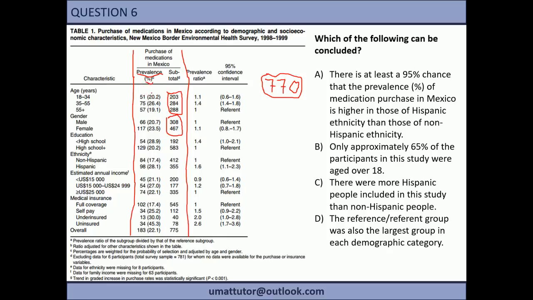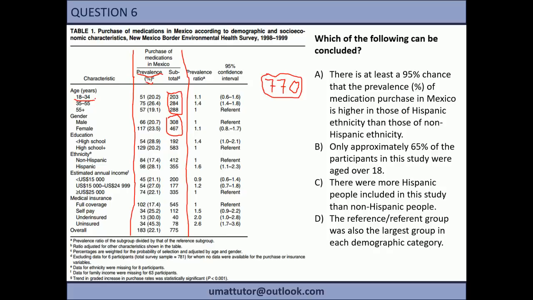So in other words, let's just pick out a particular row just to illustrate. What we're saying is, in this row here, out of the 770 people who are in the study in total, there are 203 people who are aged between 18 and 34.